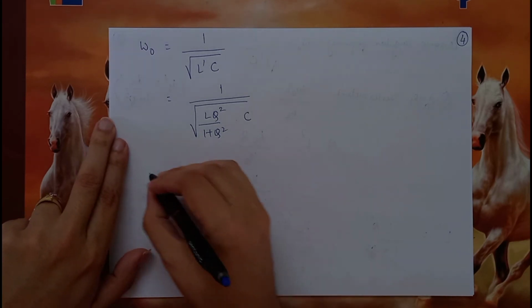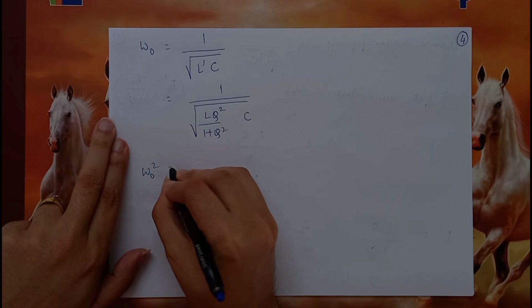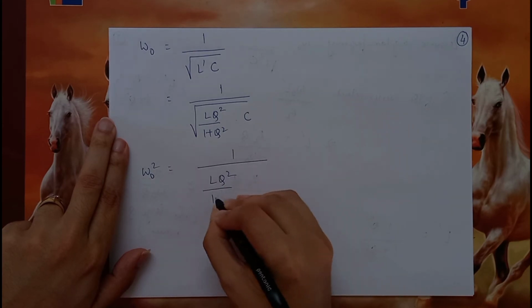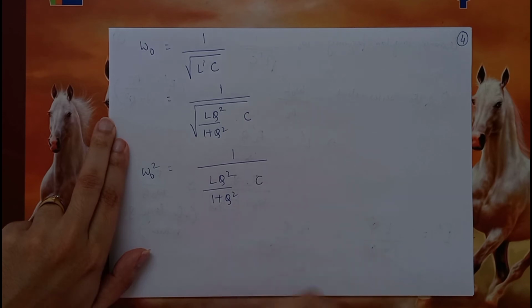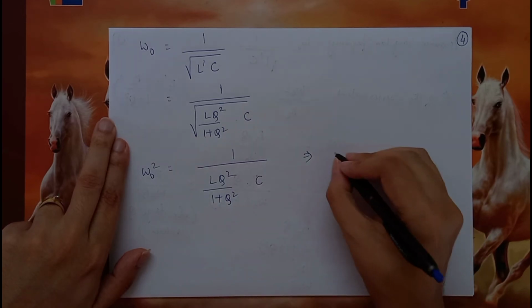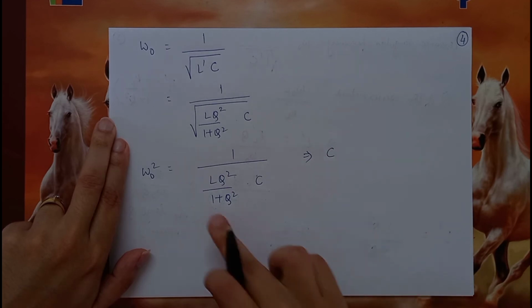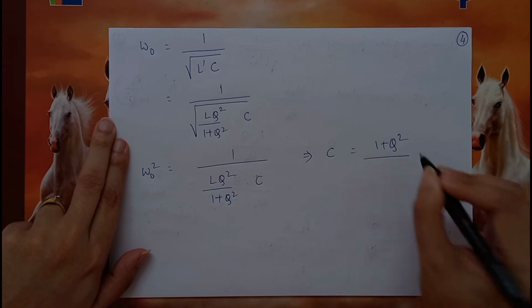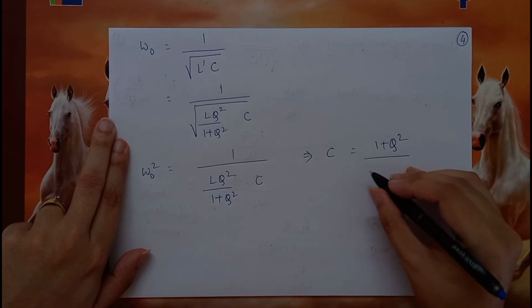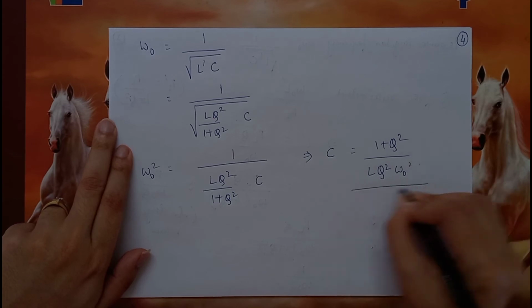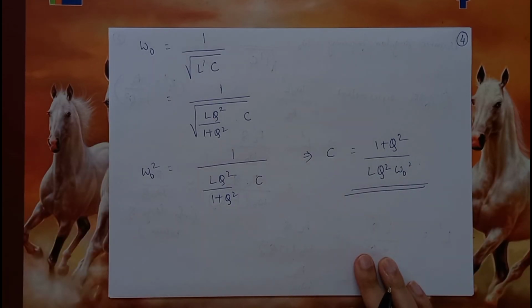So that means if I take omega 0 square over here, this implies that C will now be, this will go in the numerator, 1 plus Q square divided by L Q square omega 0 square. This is the way you can find out the L and the C values.